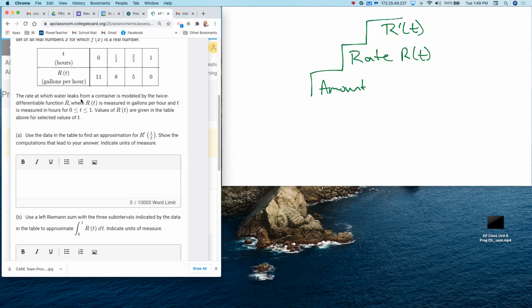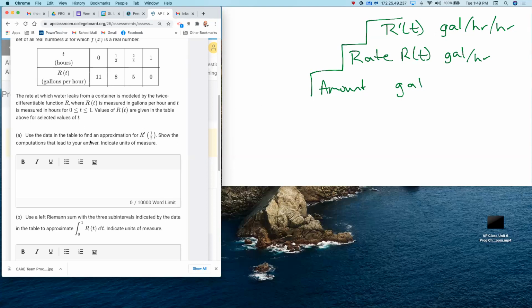And if R of t is in gallons per hour, then this would be in gallons, and this would be in gallons per hour per hour. So when it says indicate units of measure, you already know what you should have just by knowing what step you're on and where you're going.